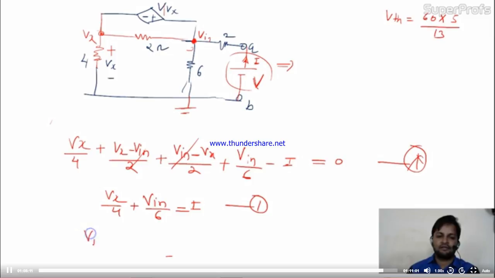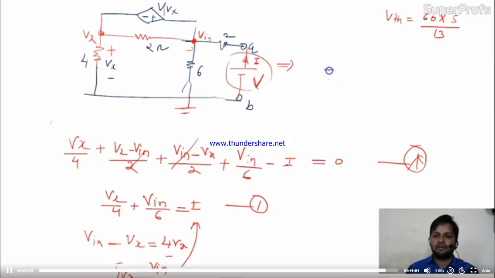The relation is given, V in minus Vx equal to 4Vx. Is it okay? So 5Vx is nothing but V in. So I'll replace Vx by V in this equation. And another equation I'll get by this.